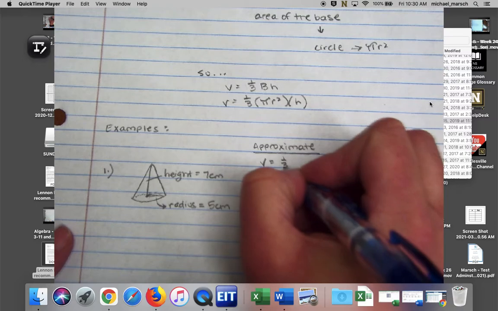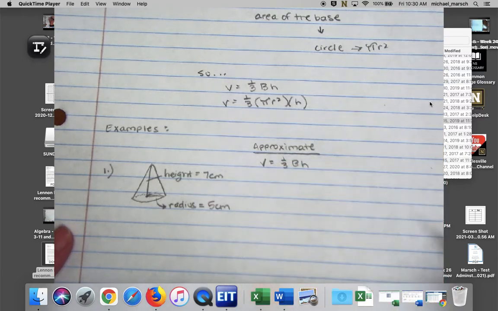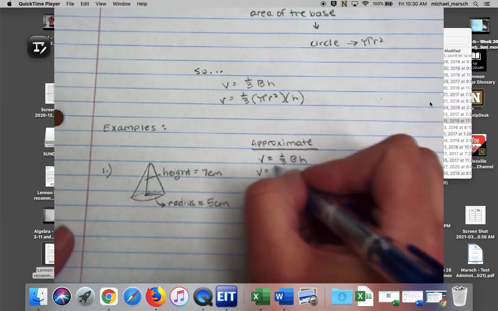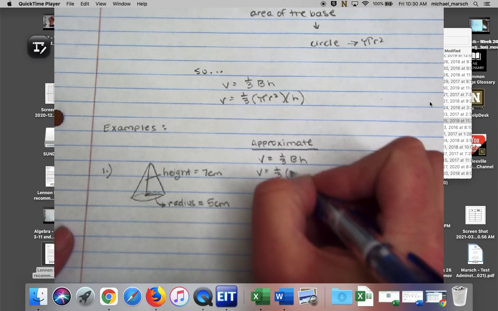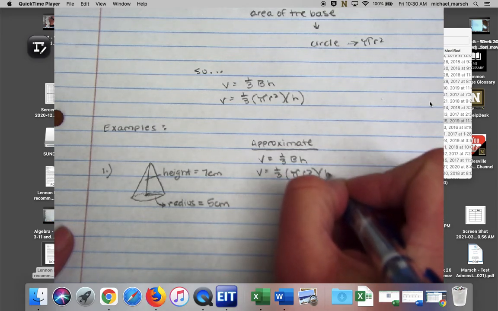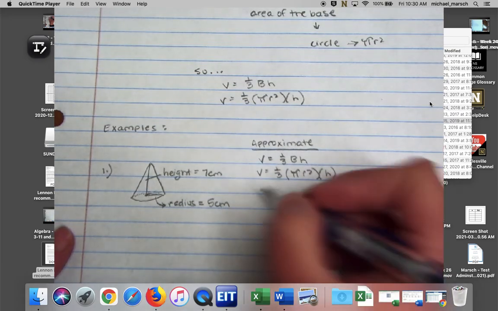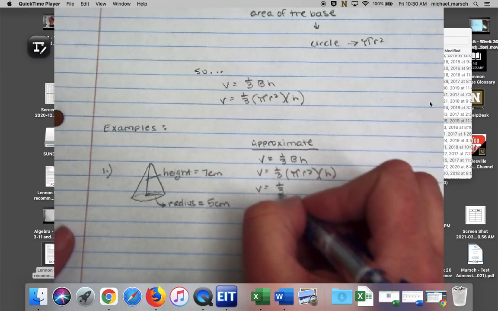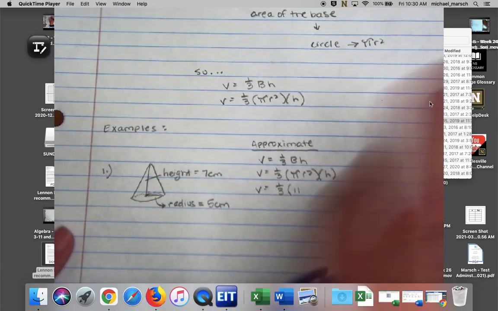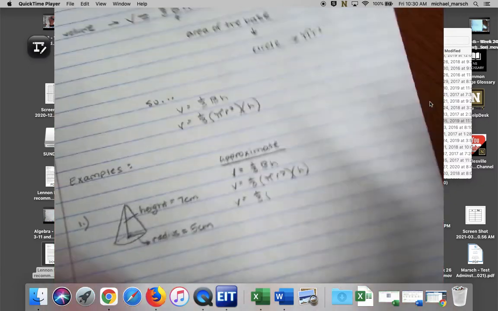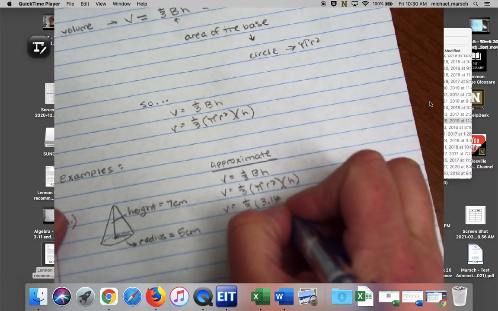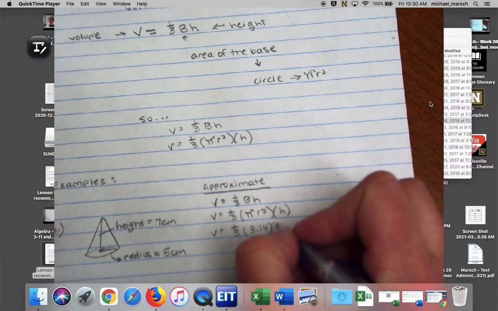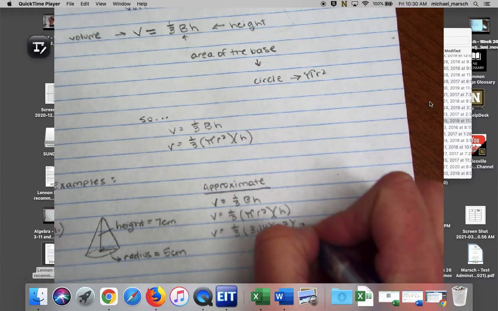Volume equals 1/3 area of base times height. Volume equals 1/3 pi r squared times height. Volume equals 1/3 times 3.14 times 5 squared times 7.